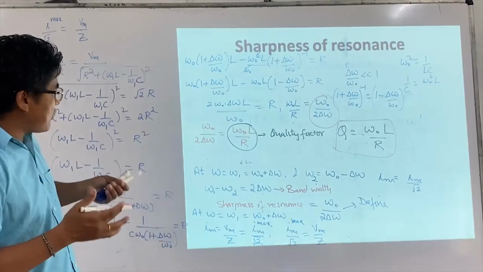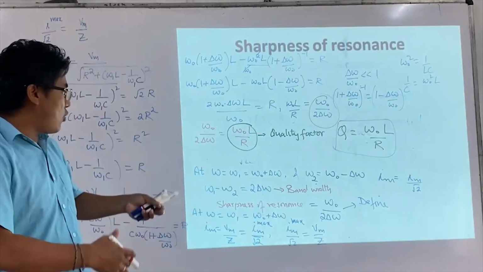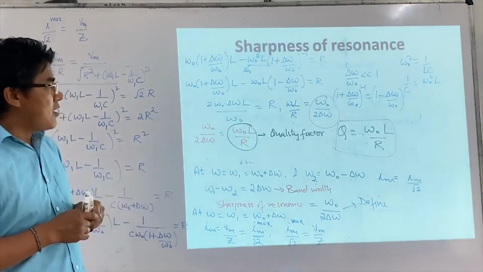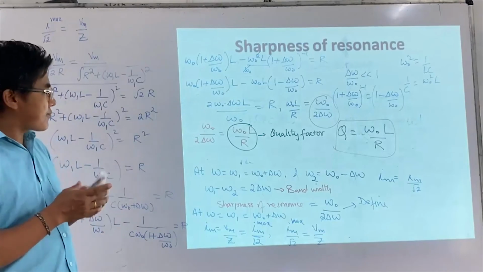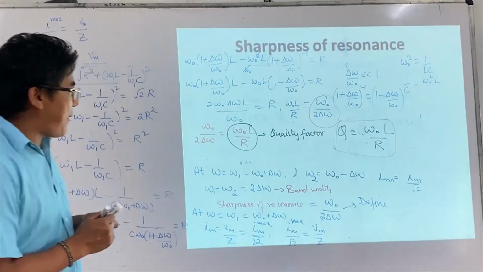Then I say the sharpness of resonance is entirely defined by the bandwidth. So the smaller the bandwidth, the greater the quality factor. This is the point. And now I would like to figure it out in terms of capacitance.